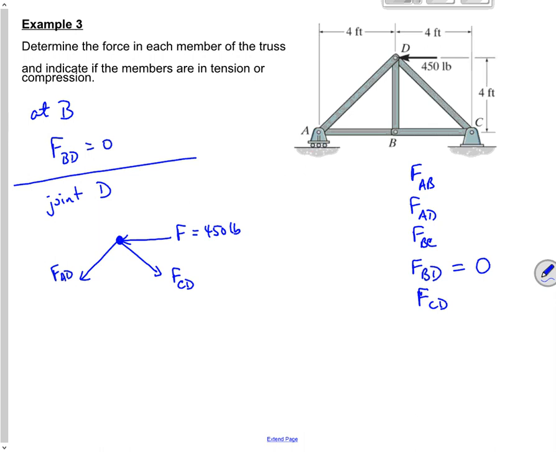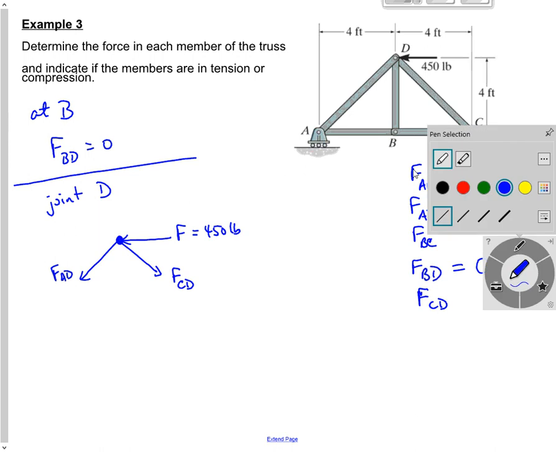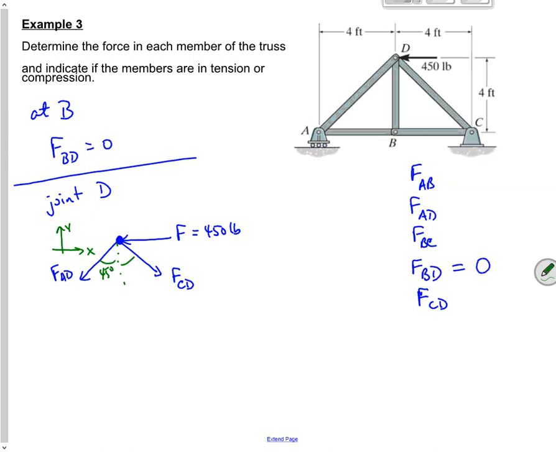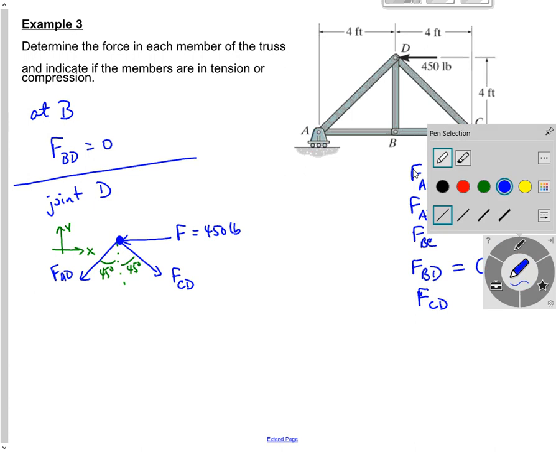So now let's do the sum of the forces in the x direction. Well, we need a coordinate system. Let's put a coordinate system in here, and we'll just pick the usual coordinate system. We know that this is 45 degrees and this is 45 degrees. So now we do the sum of the forces x equals 0.